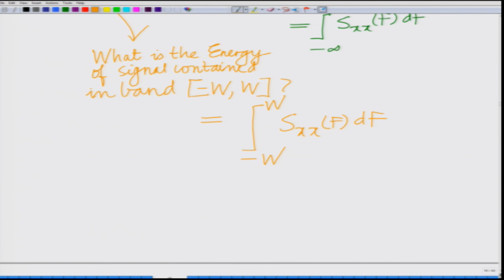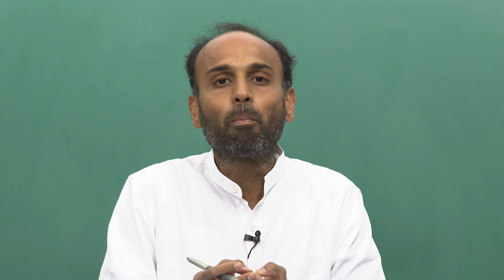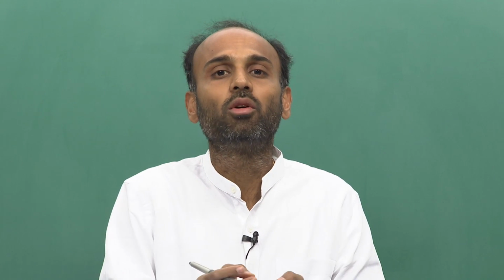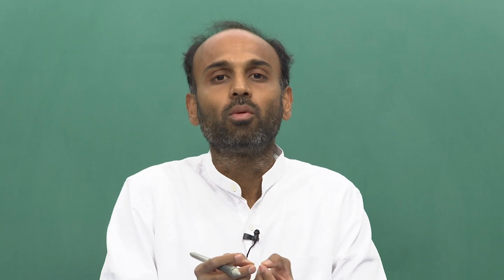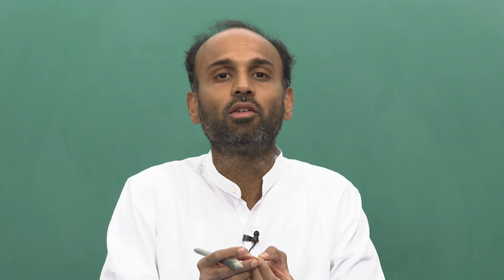Therefore, what is this function Sxx giving? This Sxx(f) gives us the spread of the energy over the frequency domain, that is, how the energy of the signal x(t) is distributed over the frequency axis.